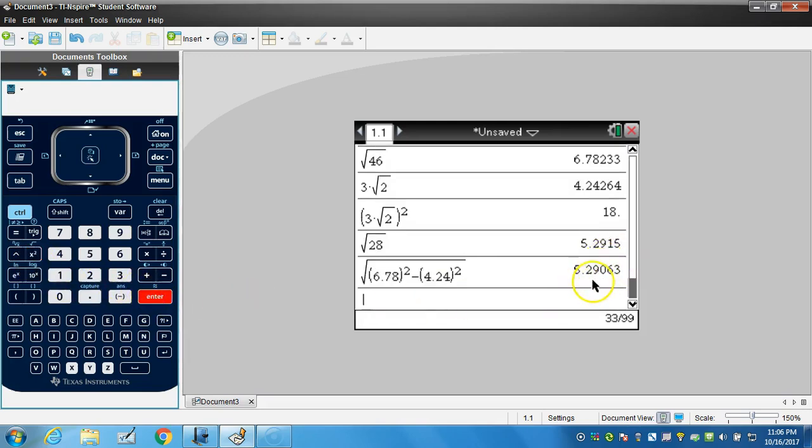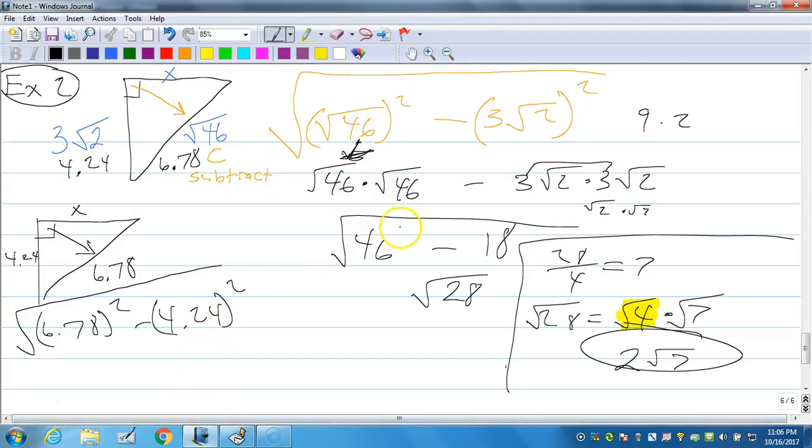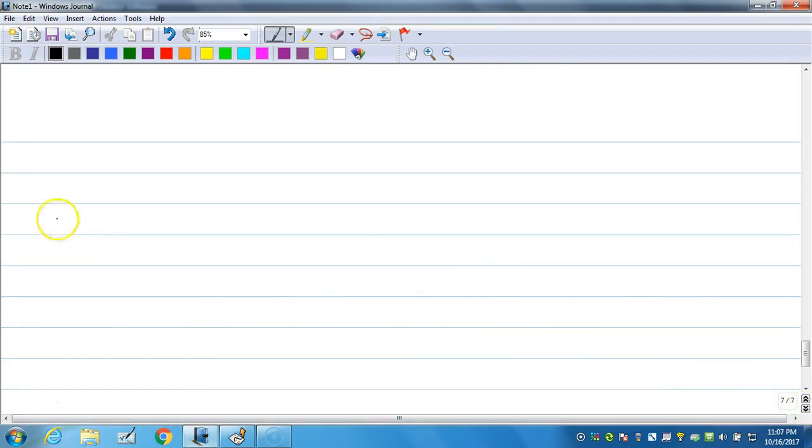Yeah, see, 5.2906. The exact answer is 5.2915. Same thing. Decimals are going to get you the assignment done. So if you're in a regular class, do decimals. It's easier. So that's what I would do if I were you all. Alright. Next one. Except if you have to do it the other way.